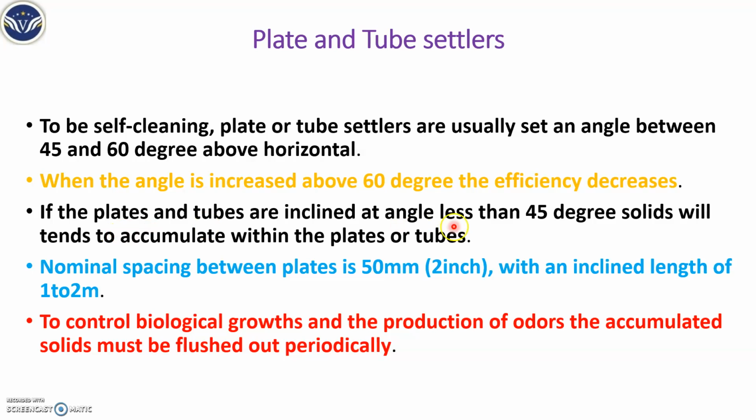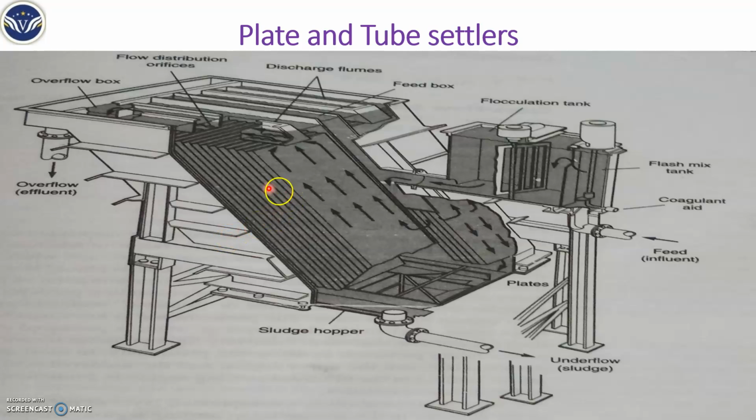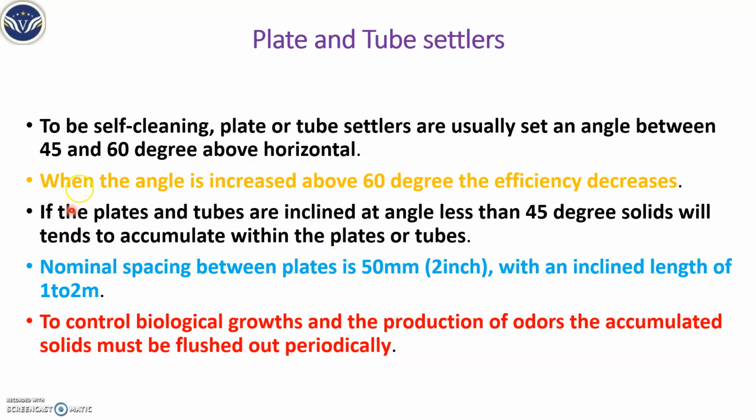The tube settlers are usually set at an angle of 45 to 60 degrees above the horizontal. You can see here, they are set at an angle of 45 to 60 degrees. An increase in angle decreases efficiency, but at less than 45 degrees it accumulates much of the solids.